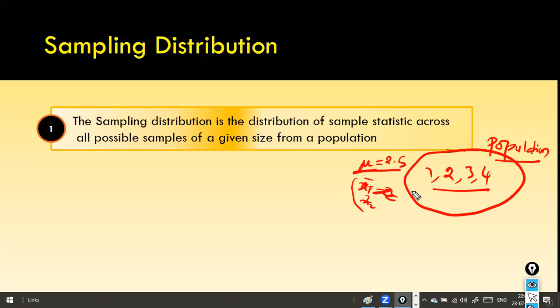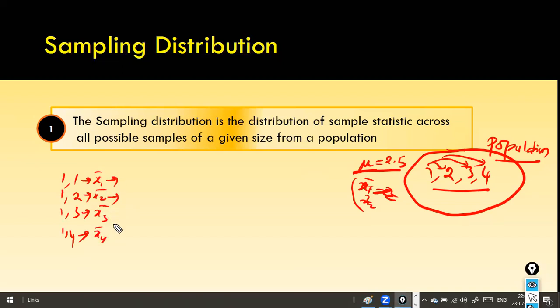With replacement: 1,1; 1,2; 1,3; 1,4. And what is the mean value for each sample? I'm going to call them x1 bar, x2 bar, x3 bar, x4 bar.